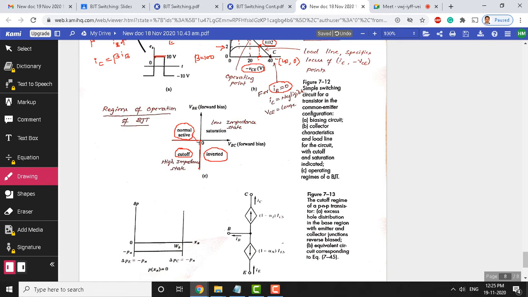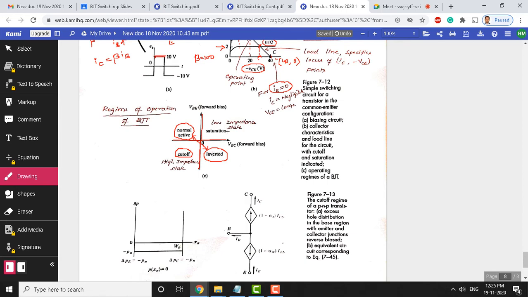In the cutoff mode, there is no current flow because the emitter-base junction is reverse biased and the collector-base junction is also reverse biased. Whereas in saturation mode, the collector-base junction is forward biased and the emitter-base junction is also forward biased. So that means the saturation current keeps flowing in the transistor here.